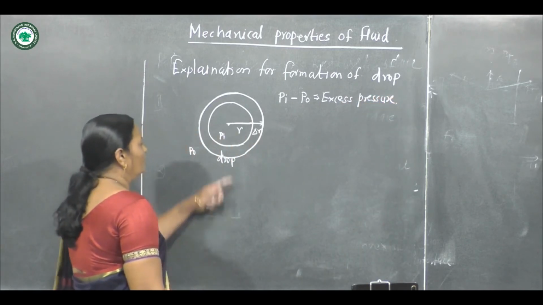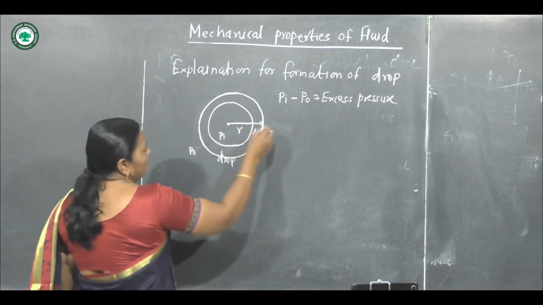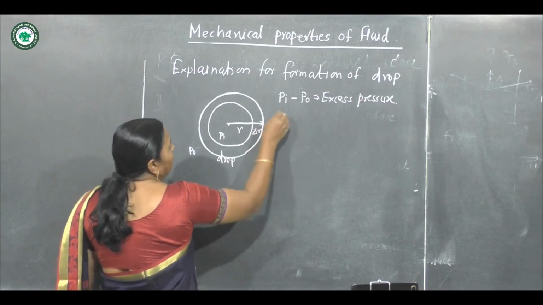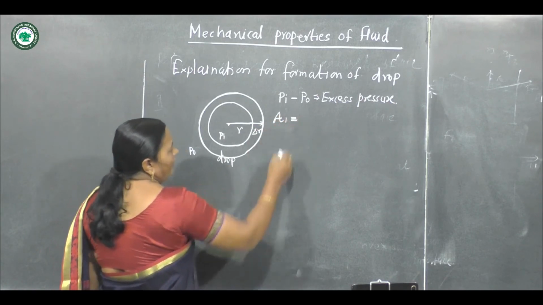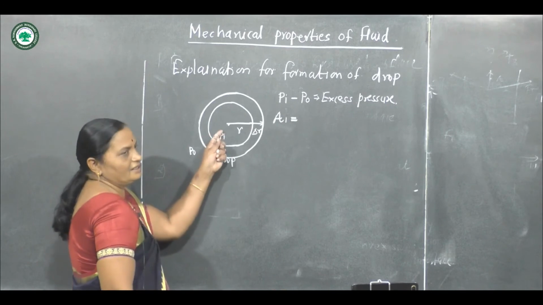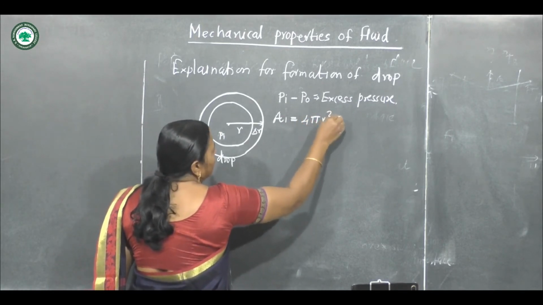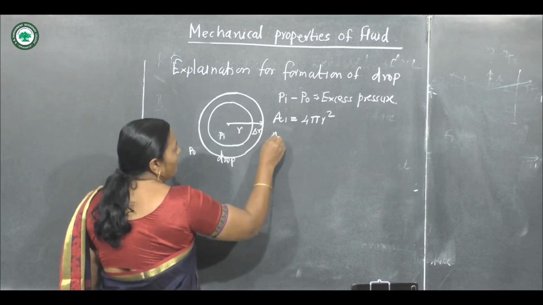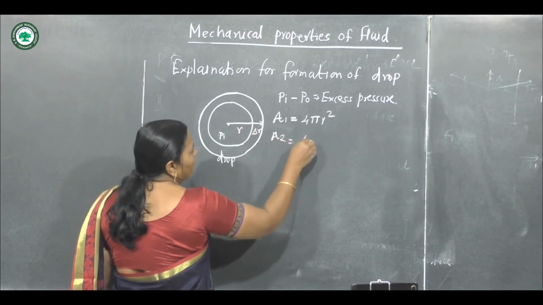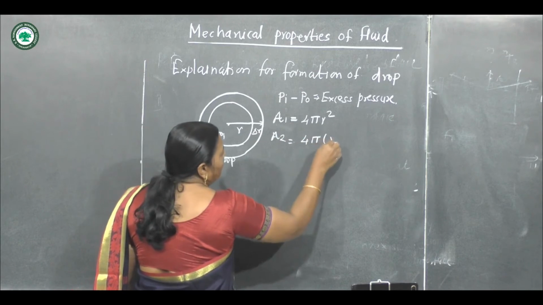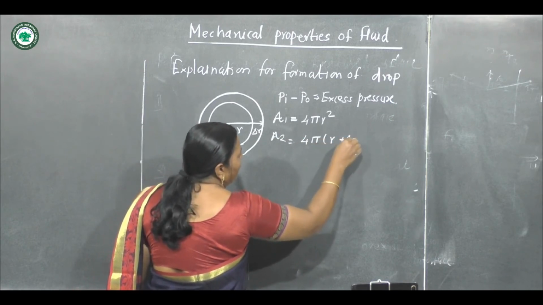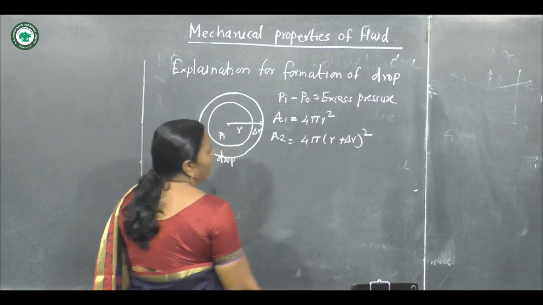Now we first consider A1, the initial area, which is 4 pi r square. Now the area is increased and the final area is 4 pi (r plus delta r) whole square.